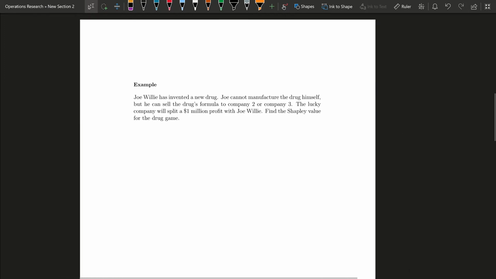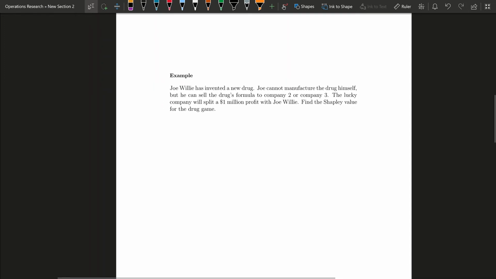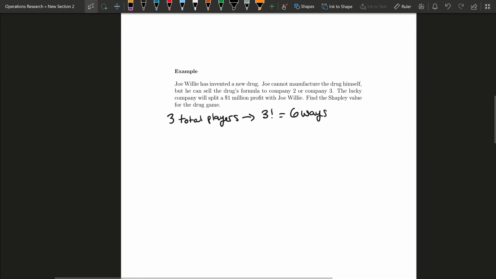So we're going to start off here. Again, I mentioned how we're going to be talking about order of arrival. So we do have a total of 3 players in this game. If we're looking at the different possibilities for ways these people can arrive, that's just going to be 3 factorial, or in this case, there's 6 ways. 3 times 2 times 1. So I'm going to start off here by listing out the total number of ways that we can have people show up to this coalition.